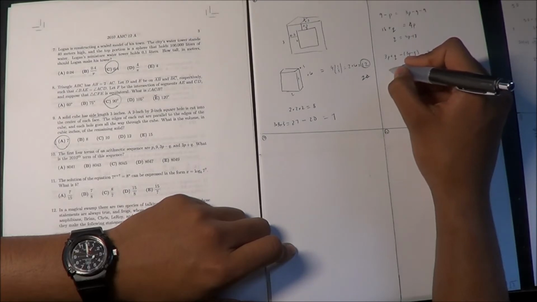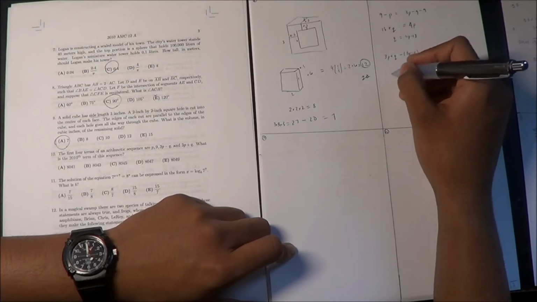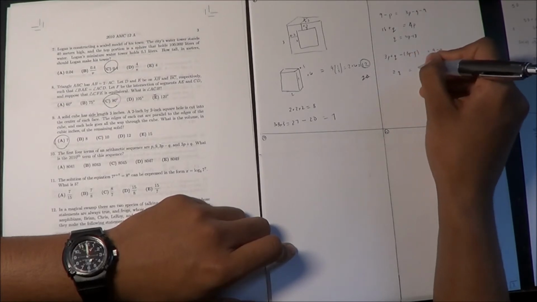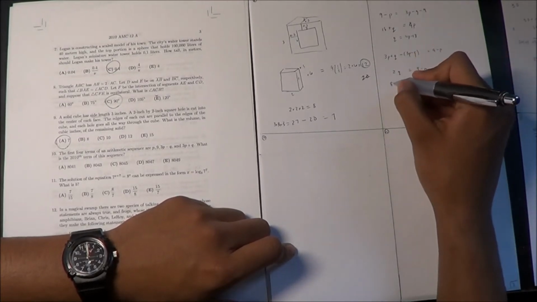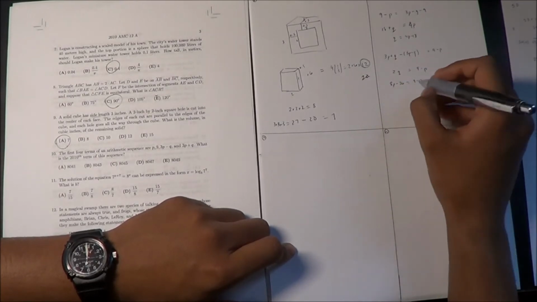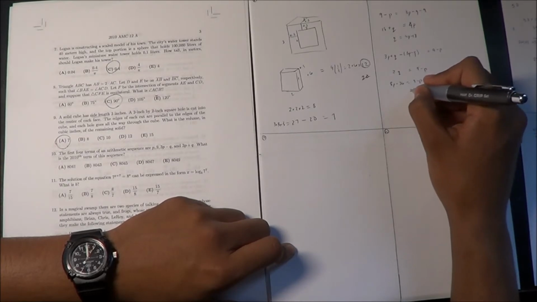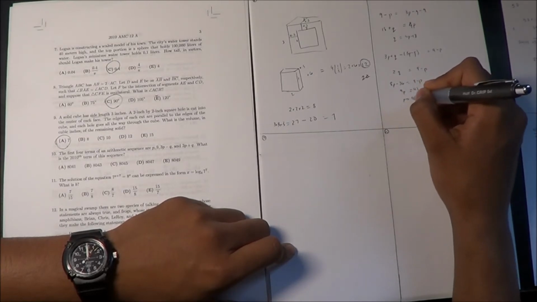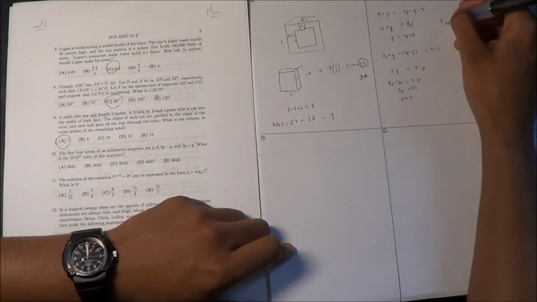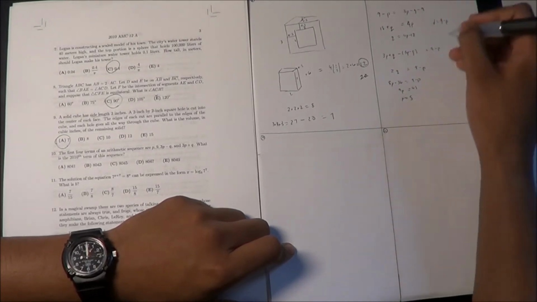So this would be 2q equals 9 minus p. 8p minus 36 equals 9 minus p. So that would be 45 equals 9p, p equals 5. So 9 minus p, which is the common difference, is 4.